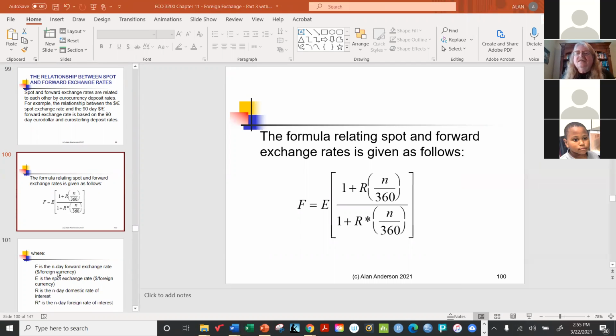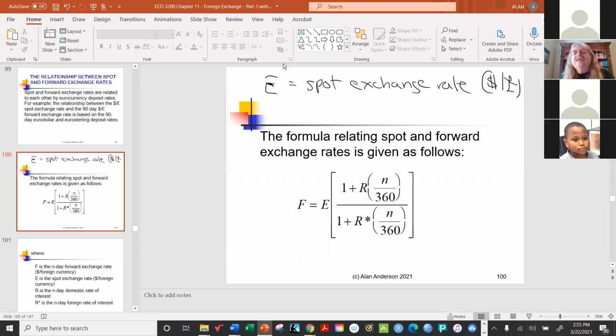We have E, the dollar-pound exchange rate. Remember, spot exchange rate simply means it will be delivered immediately. I need pounds right now, I pay the spot exchange rate. And then F is the forward exchange rate. Actually, let me be more specific.